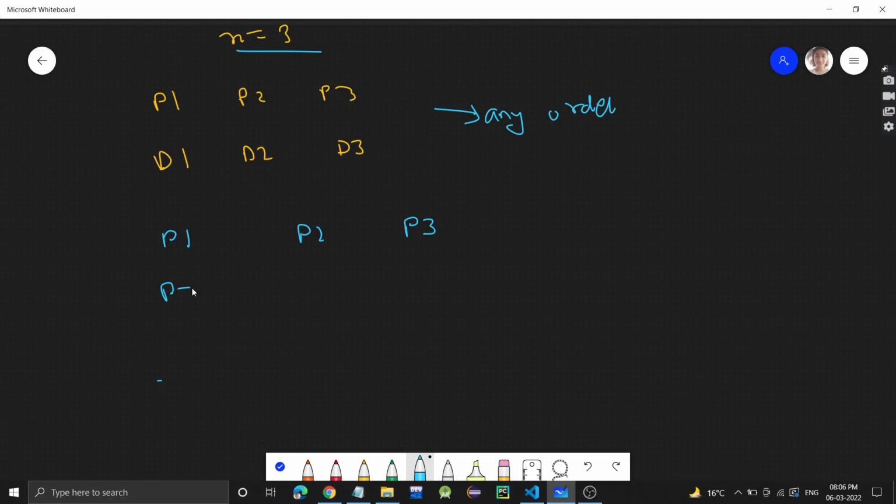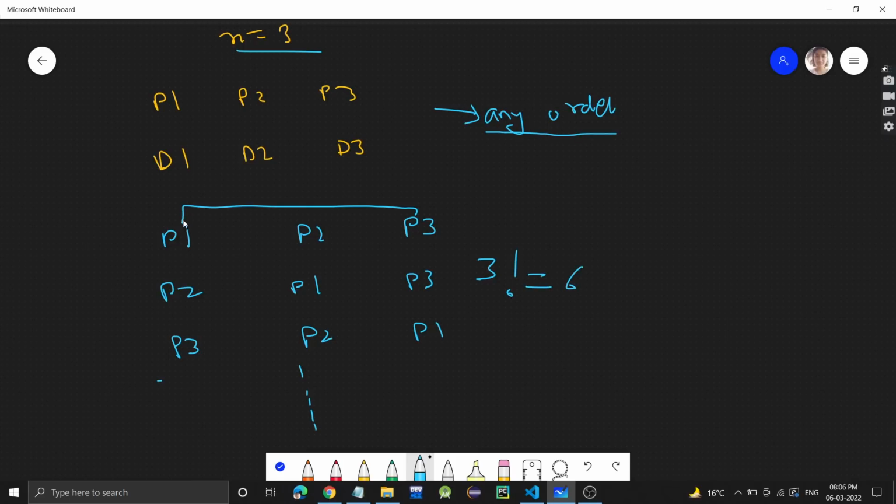Maybe it could be p2, p1 and then p3, or p3, p2 and p1. So how many ways can we arrange these? These are 3 items, so 3 factorial, that is 6 ways.